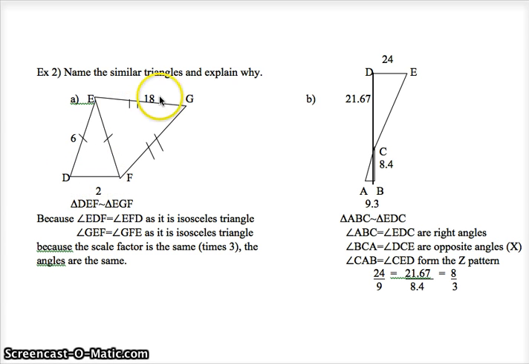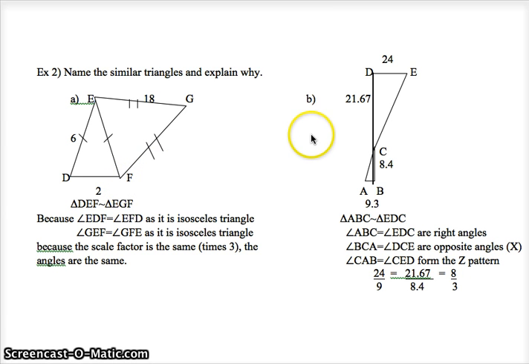And then also because our scale factor, this side is also 6. So 6 to 2 is a ratio of 3. So 18 to 6 is also a ratio of 3. So we can see the relationship between our side lengths is the same for both of these. So that means our angles will be the same.